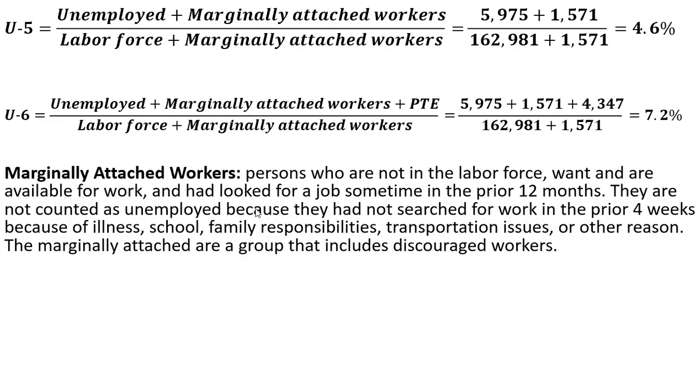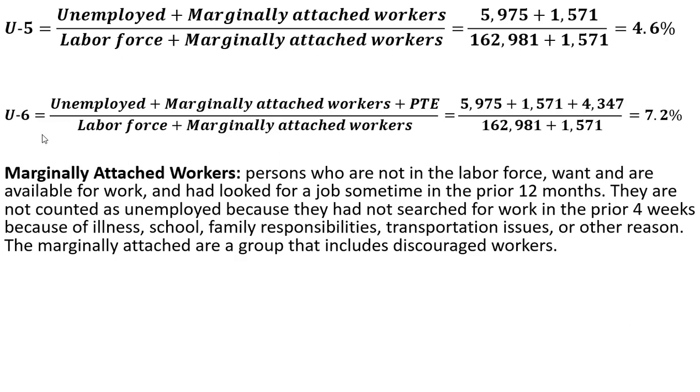They are not counted as unemployed because they had not searched for work in the prior 4 weeks because of things such as illness, school, family responsibilities, transportation issues, car broke down, or some child care issues, or some other reasons. The marginally attached are a group that includes discouraged workers. So marginally attached workers also includes your discouraged worker group. And we can see the U5 measure here in June was 4.6%.